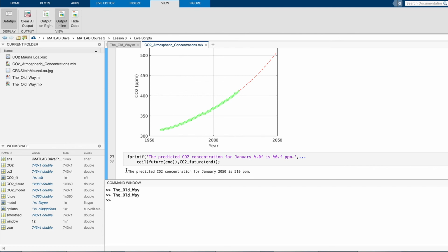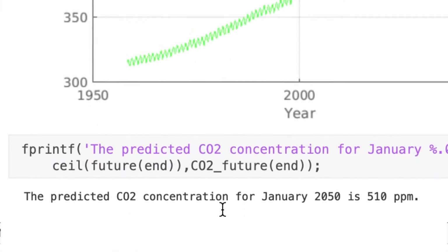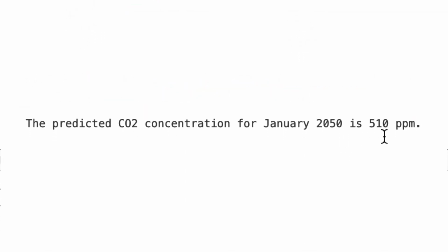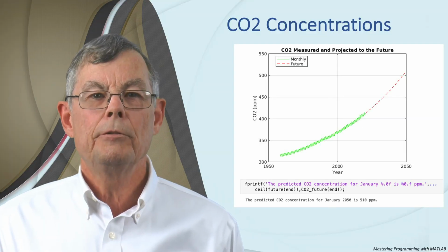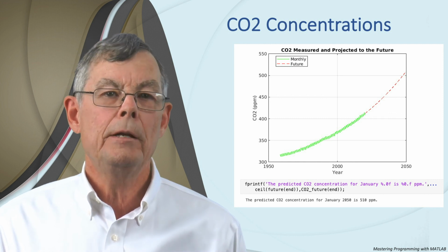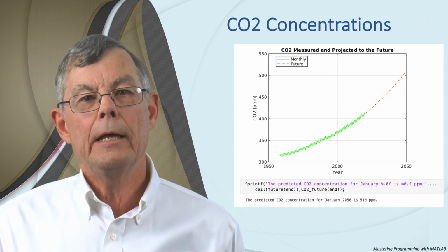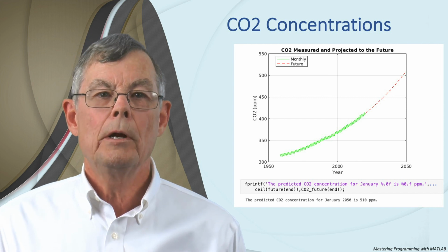We can read what fprintf wrote. The predicted CO2 concentration for January 2050 is 510 parts per million. Considering that CO2 concentrations have never once exceeded even 300 parts per million for the previous 800,000 years before 1960, according to Antarctic ice core measurements, there's clearly something going on here.